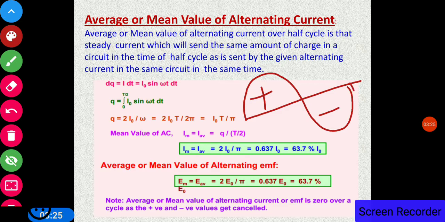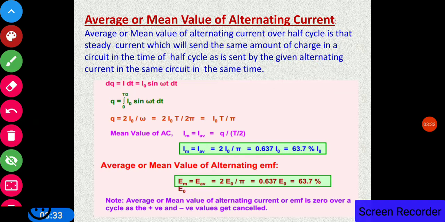So for a complete cycle, if we find the average value, then the result will come equal to 0. So we cannot find the average or mean value of the alternating current or the EMF over the complete cycle, because the positive and negative values cancel each other. So to get the average value or the mean value, we will take only the half cycle.